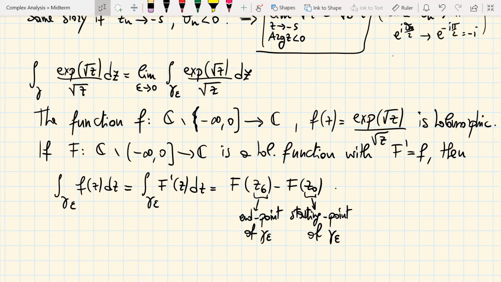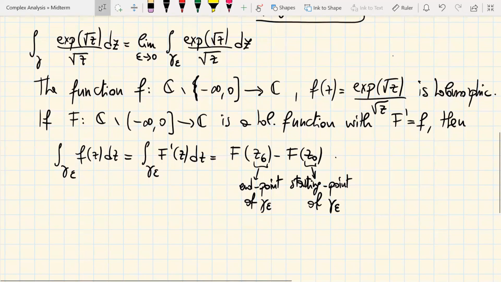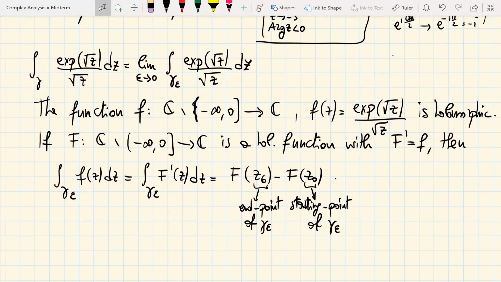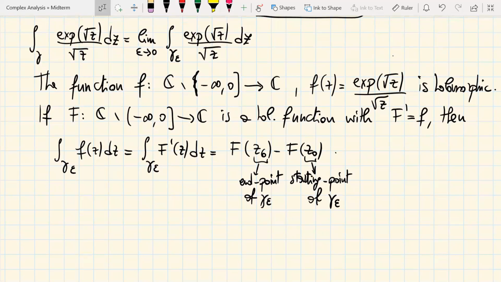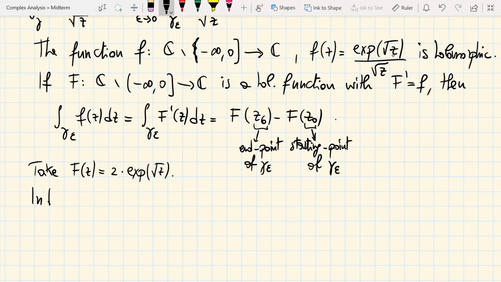So now we have to find what this big F is. So if the small f is given with this formula, it's easy to see that big F can be taken as 2 times the exponential of square root of z. Now let's check this. So we have 2 times the derivative of the exponential of the square root.